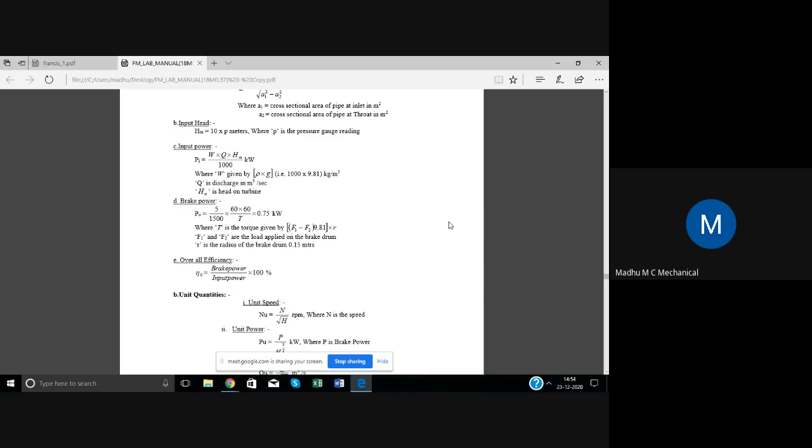And similarly for constant speed also. But the brake power value is more than the input power value. How? For which one? For the first one, constant head.